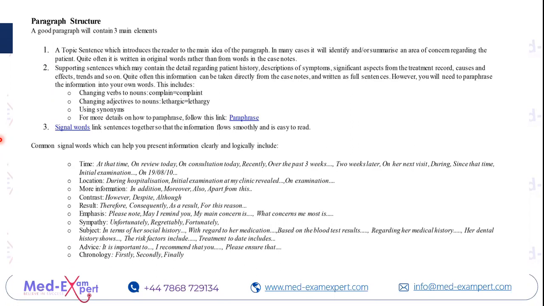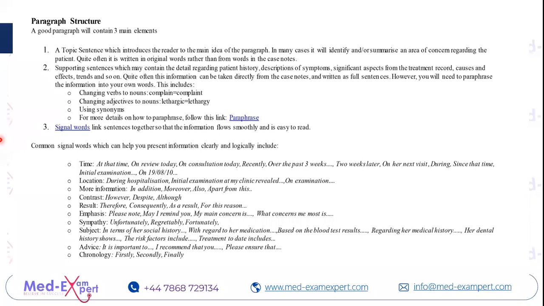In order to add more information: in addition, moreover, apart from this. For making contrast: although, despite, and however. For result: therefore, consequently, as a result, for this reason. So the patient was complaining of this thing. As a result, or maybe for this reason, this treatment was performed. This is an example.